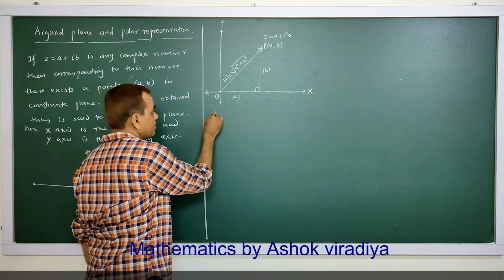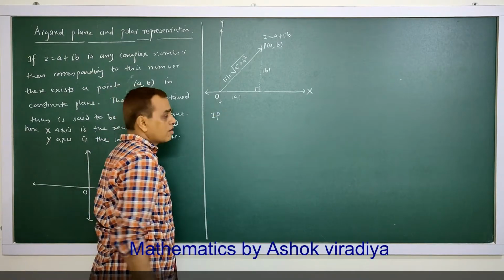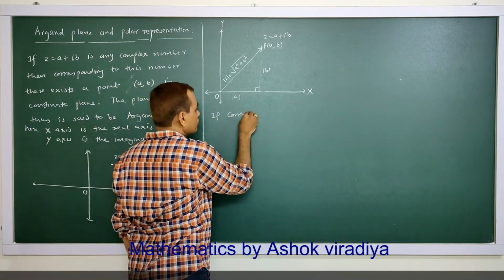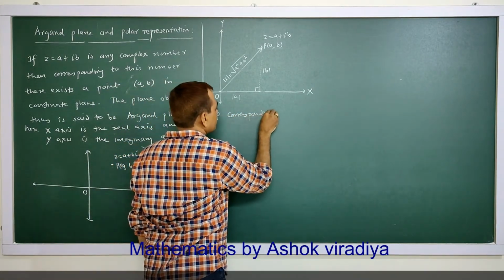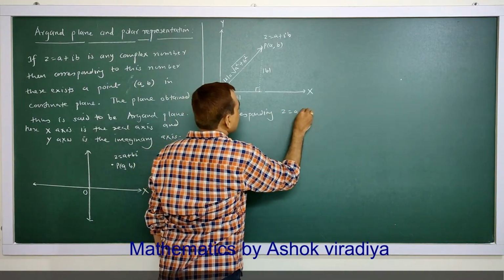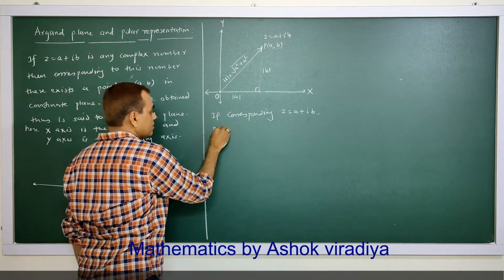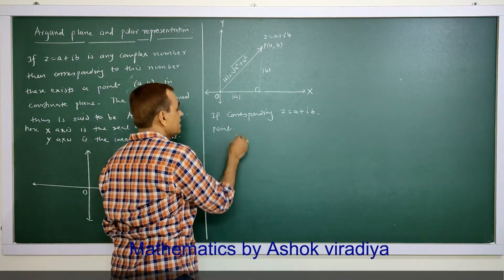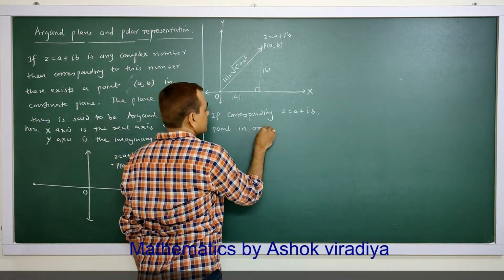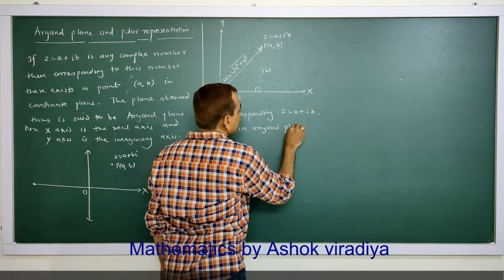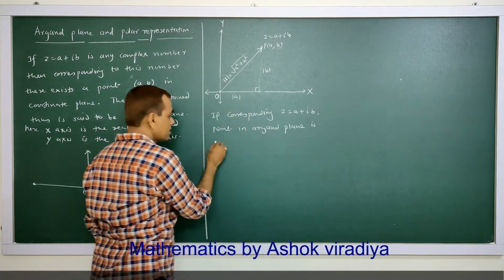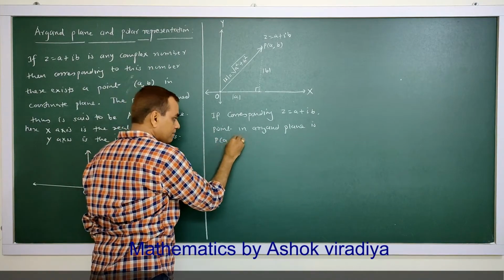So if, corresponding to z equal to a plus ib, the point in the Argand plane is P(a, b).